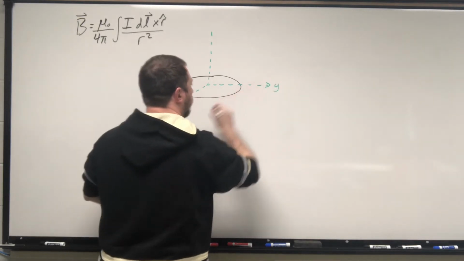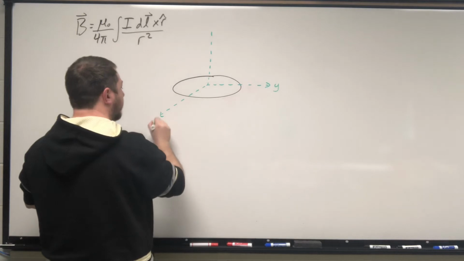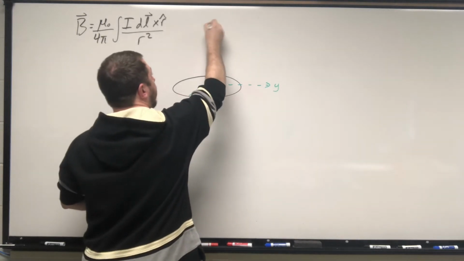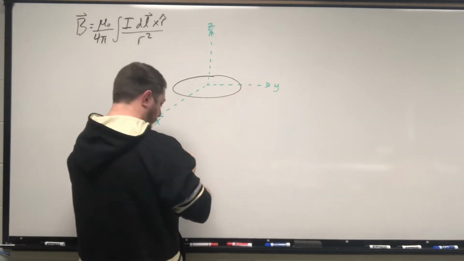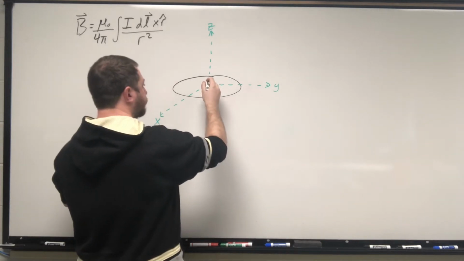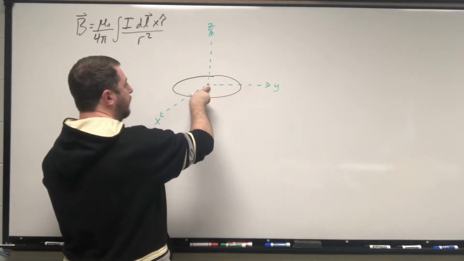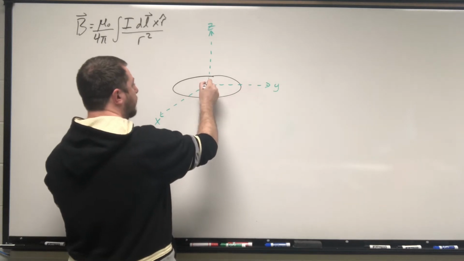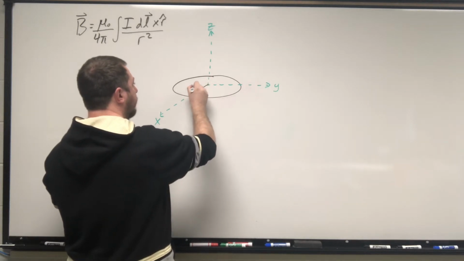We'll use y there, x here, and z here. Let the origin of the circle be in the middle, and let's give it a radius a, okay?